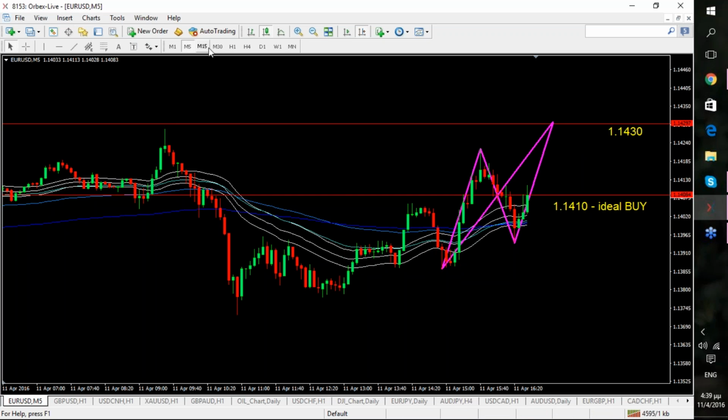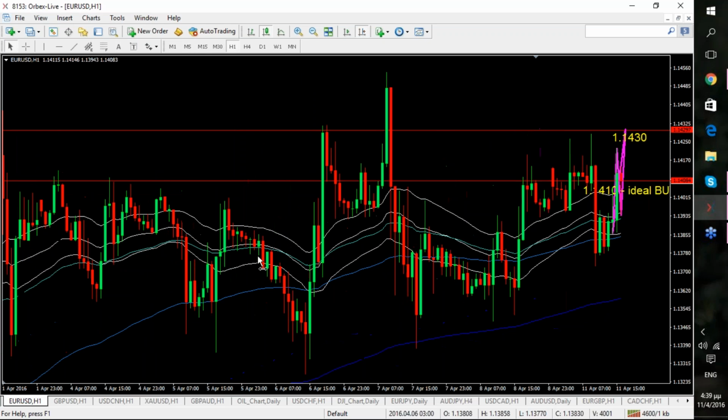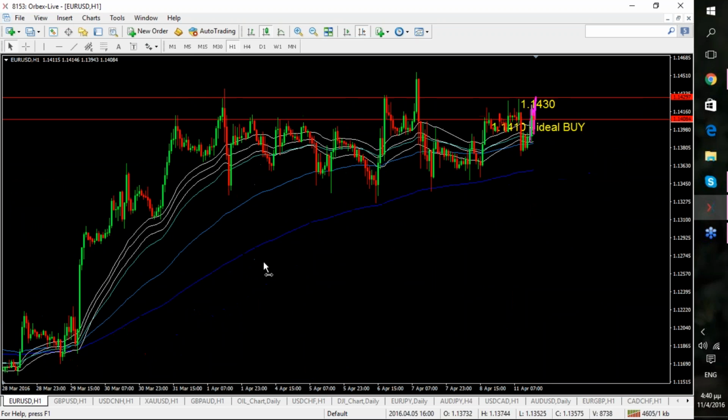Now if we go on to the 1 hour chart, let's look at that, and right, we have got loads of room there, and I would like to look at prices moving further up, higher, above all these lines that I've put as my moving averages.